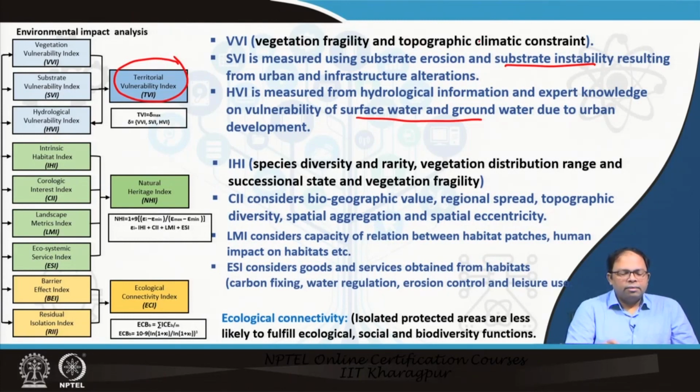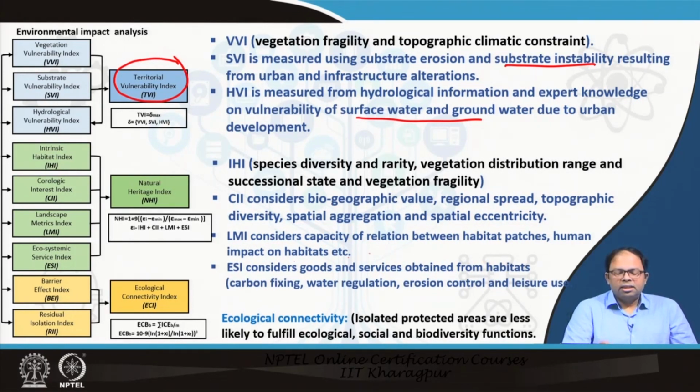And then IHI, where we talk about species diversity and rarity, vegetation distribution range, succession range and vegetation fragility, how new species or rather new generations are going to succeed, or what is the fragility level of that particular vegetation. Then the Corologic Index considers biogeographical values, the spread, topographic diversity, spatial aggregation, and spatial eccentricity.